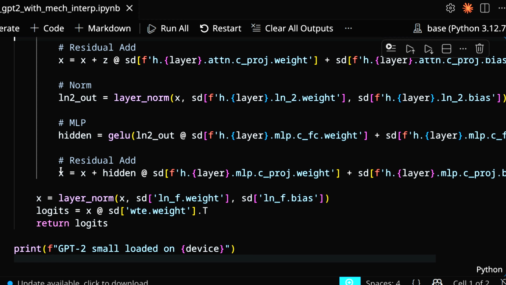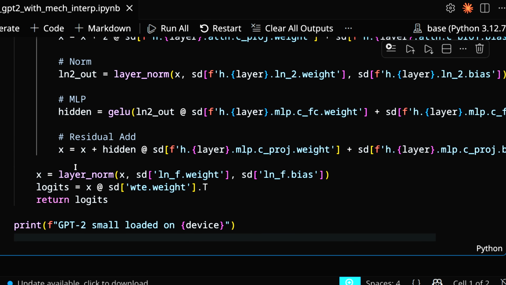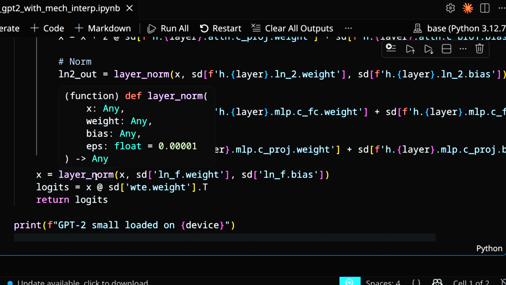the result of that, whatever layer or layers that is, goes into the layer norm to squish it down again.